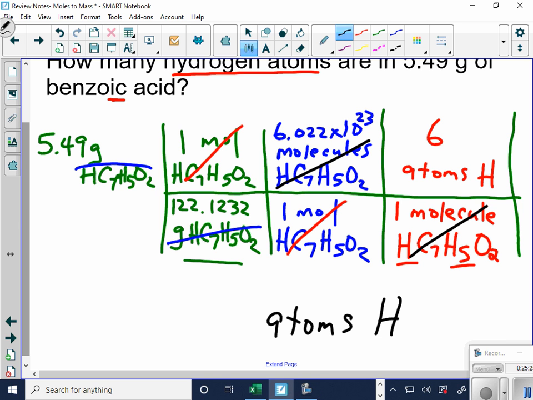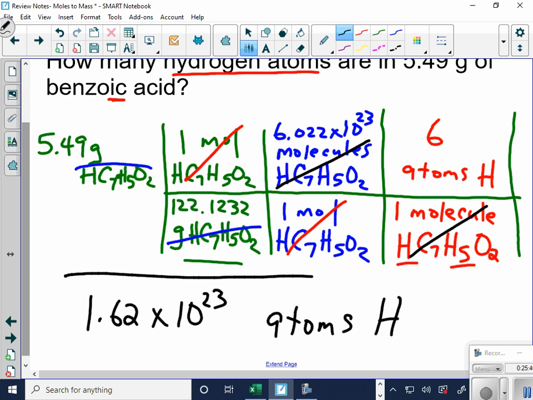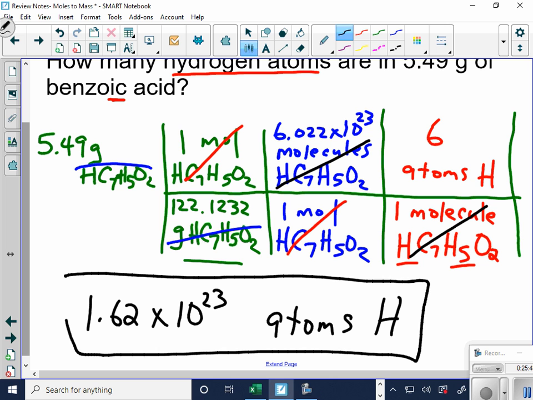And I get a value with 3 sig figs of 1.62 times 10 to the 23rd hydrogen atoms. 1.62 times 10 to the 23rd atoms of hydrogen. Final answer.